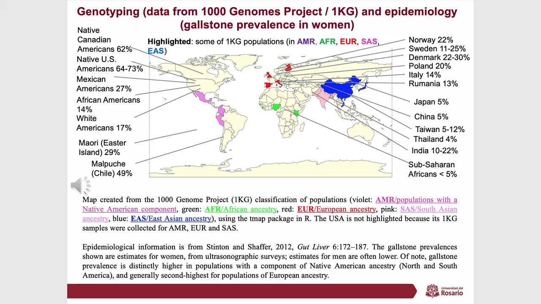The map you see here shows population-level phenotypic information in the form of percentages of prevalence for gallstone formation or discomfort. The colored countries or regions show where genotypic data has been collected in the local populations, with sample sizes that allow one to really see with some kind of confidence which haplotype frequencies exist and how they differ among the different regions.